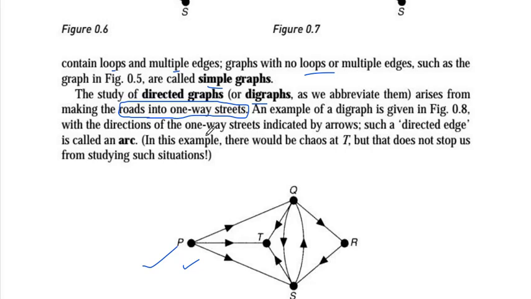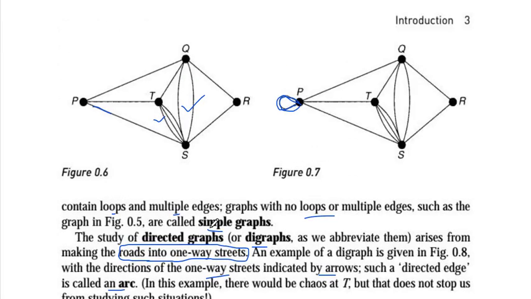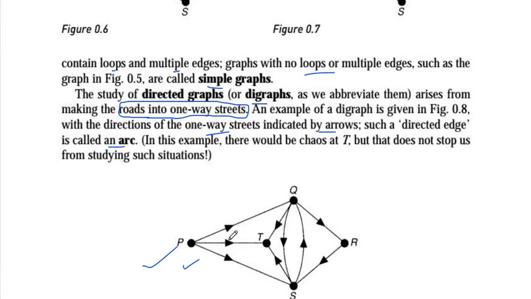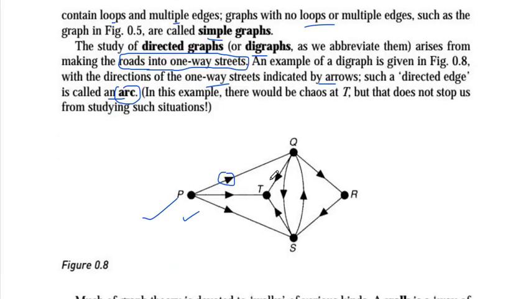With the direction of a one-way street indicated by an arrow, such an edge is also called an arc. This is called an edge, and this arrow representing the edge is called an arc. In this example, at point T all the traffic is merging, so at T there may be traffic or chaos, but we do not have to study that.